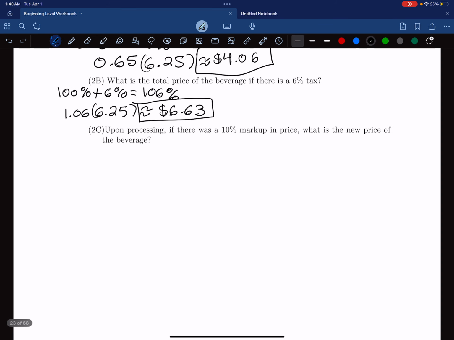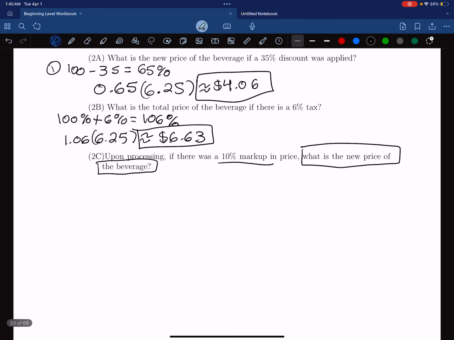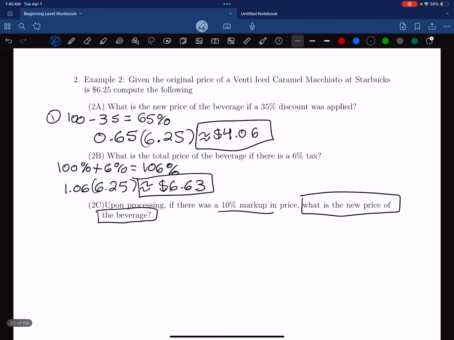Now, looking at our last example of Unit 3, it says, upon processing, if there is a 10% markup in price, what is the new price of the beverage? So we want to know, what is the new price of the beverage? And we're told that there's a 10% markup. So in other words, a percentage is increasing by 10%.